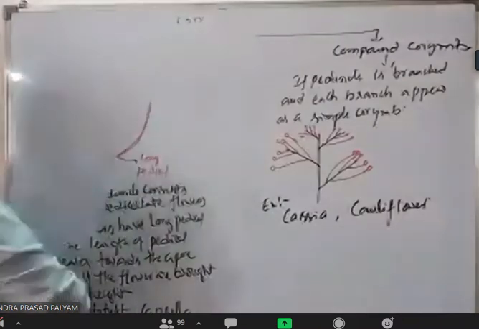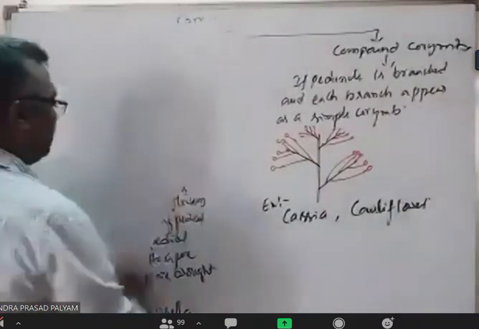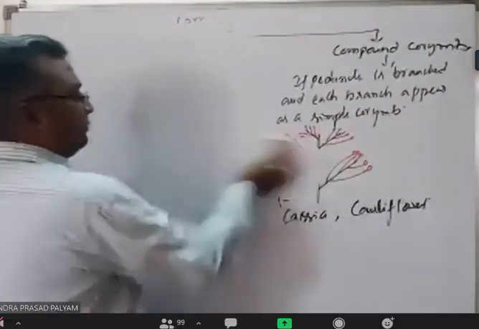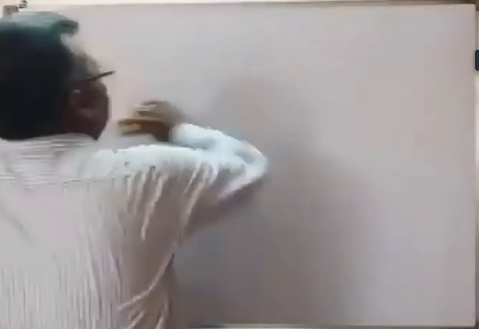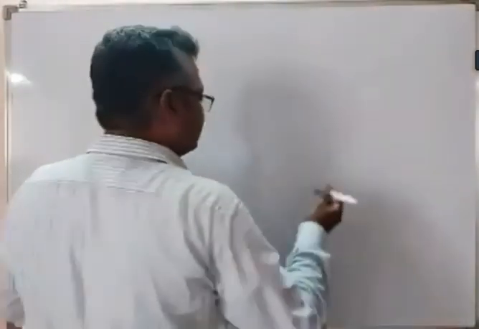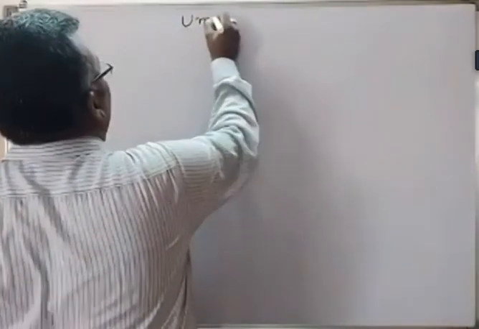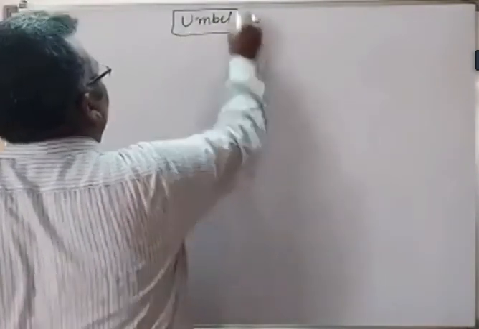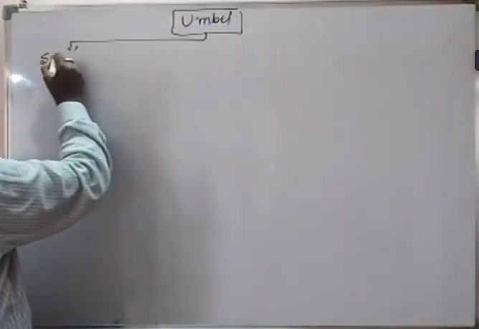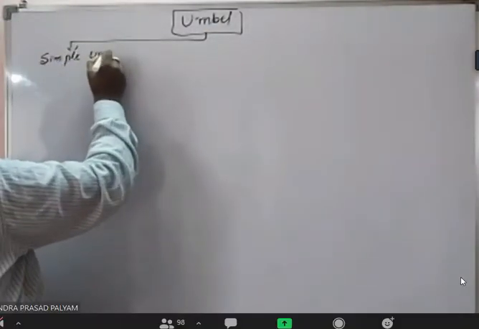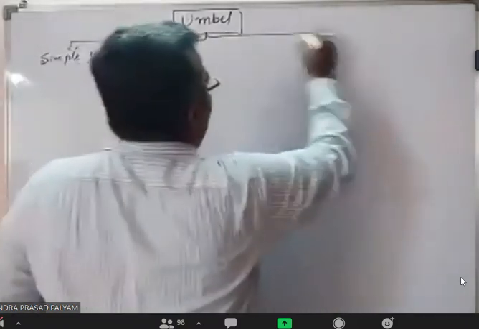Next, umbel, the third type. Even umbel has two types, simple umbel and compound umbel.